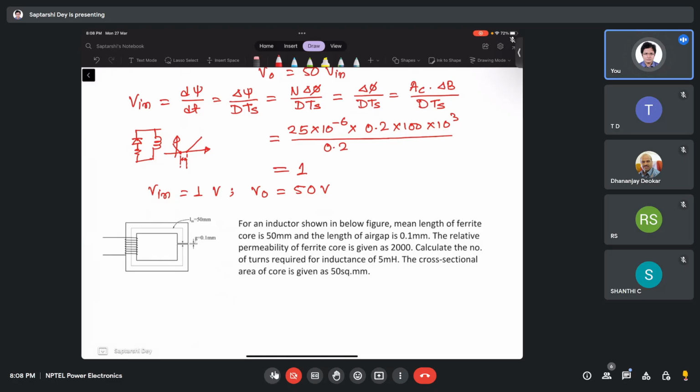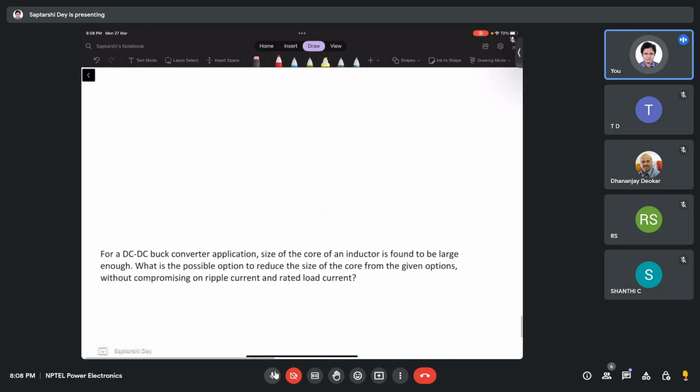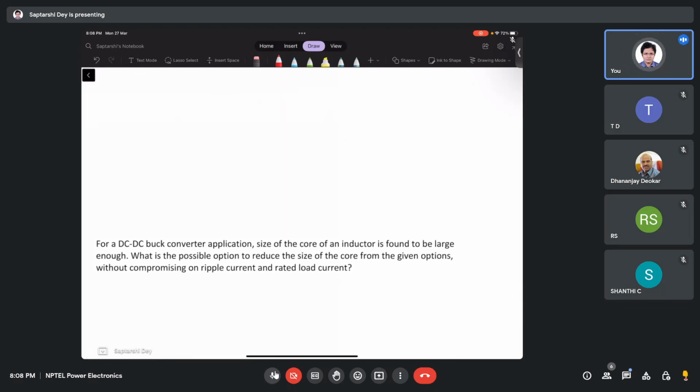This is an easy question. Inductors shown. Last question you already know. For DC buck application, what is the possible option to reduce size of core from the given options, without compromising on ripple current and rated load current? So they are saying that you cannot change the ripple current. So we have V in equals L delta I by dTs.